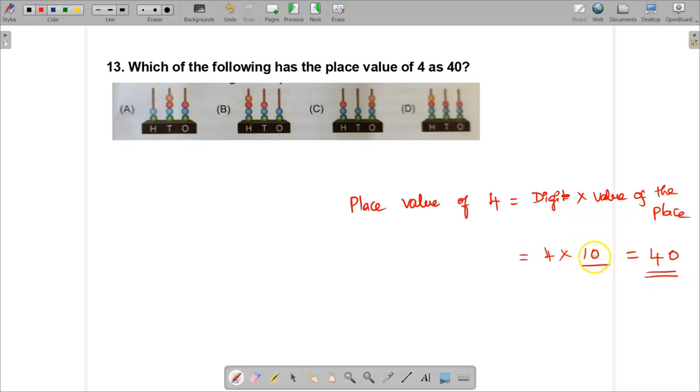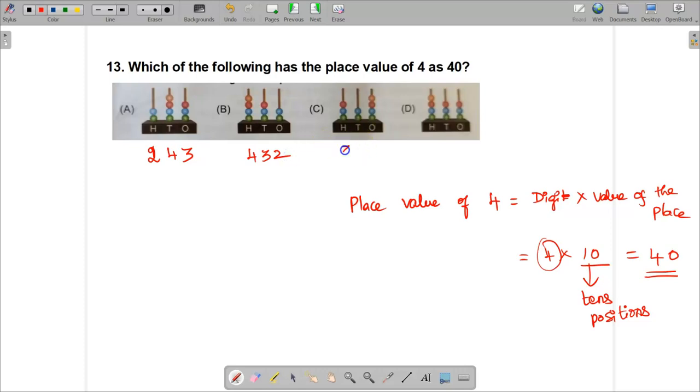So we have to find out in which abacus the 4 appears in the tens position, that is, which abacus has 4 balls at the tens position. Here it is 243. This one is 432.